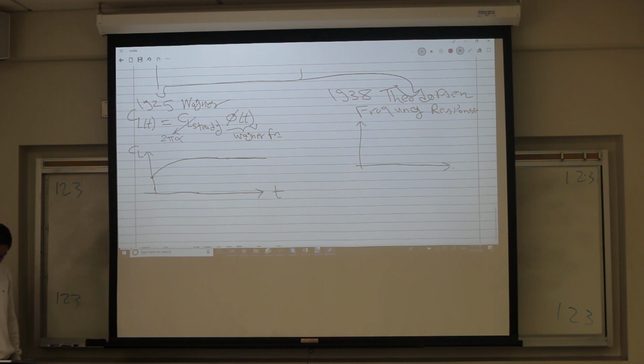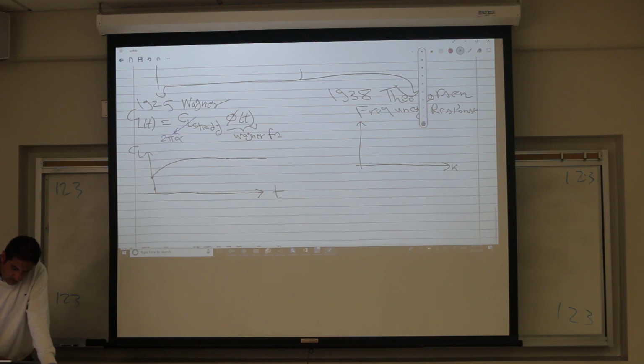So this is K, and by the way, let me just go back here. Actually, Wagner presented this function in non-dimensional time. It's typically denoted by S, and it's Ct times U. So this is now meters divided by half chord.